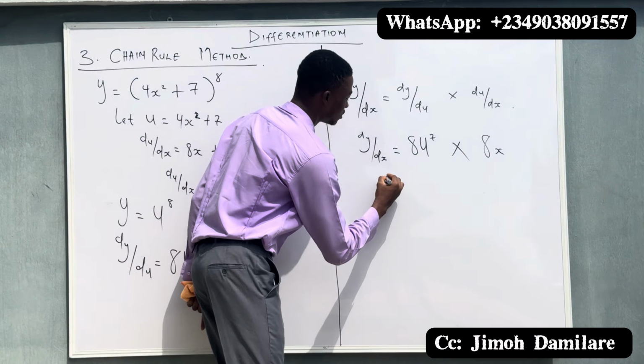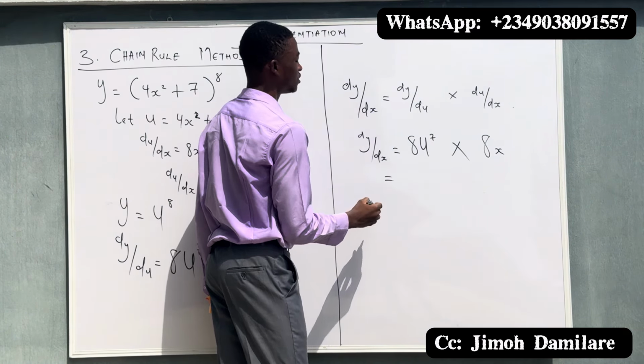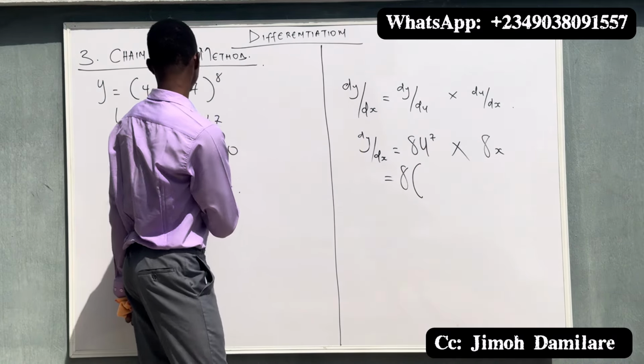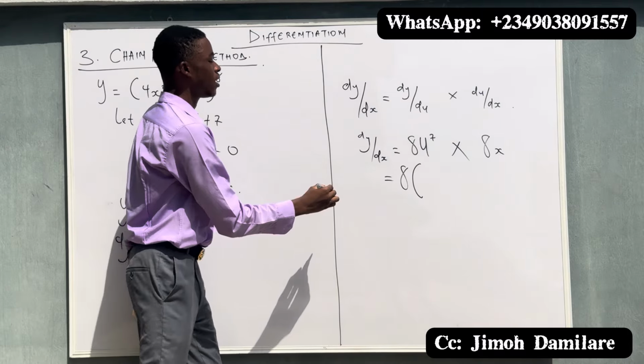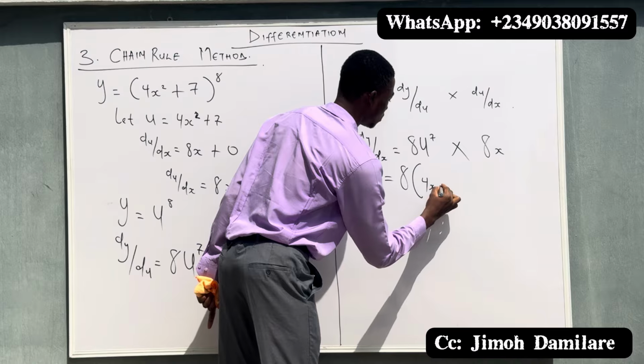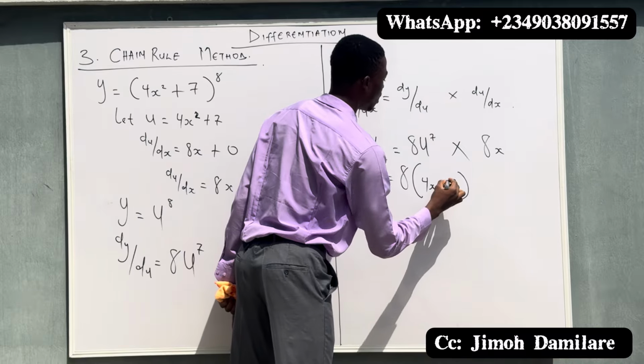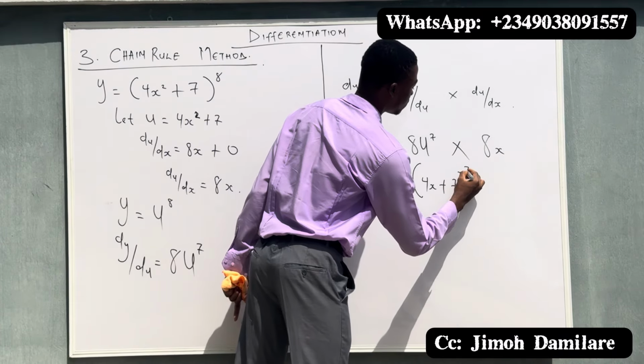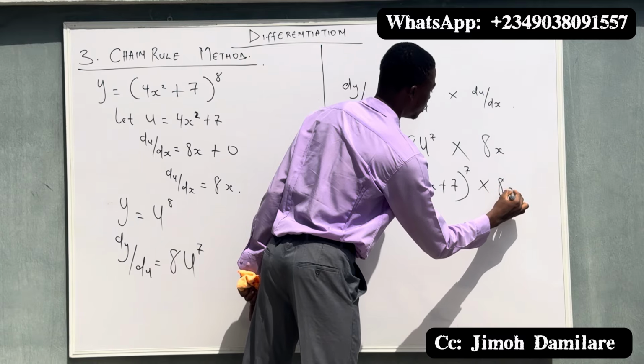So we can now say our dy over dx is equal to 8 open bracket. Instead of writing u, we'll put 4x squared plus 7 raised to power 7, because we have a power of 7 in this case, and multiply by 8x.